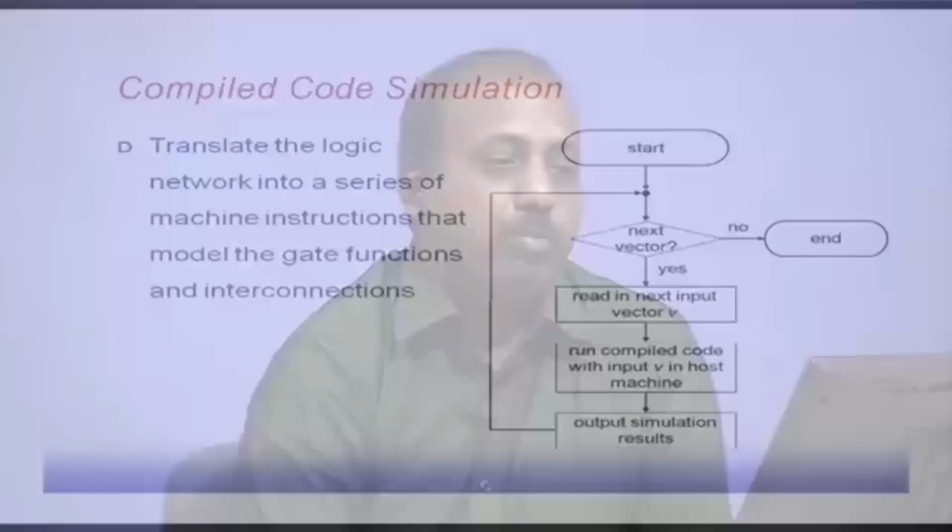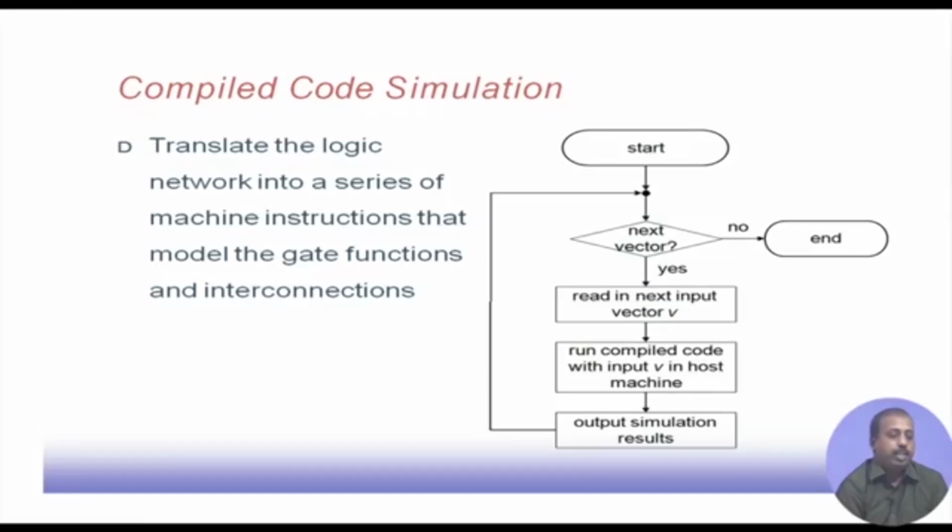Now, the way this compiled code simulation will work is that it will take the next vector. If the next vector exists, it will read the next input vector from the file. In a file the test vectors may be there. So it takes the next test vector v from the file, and runs the compiled code with input v in the host machine.